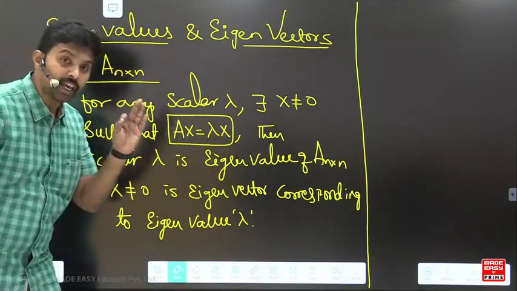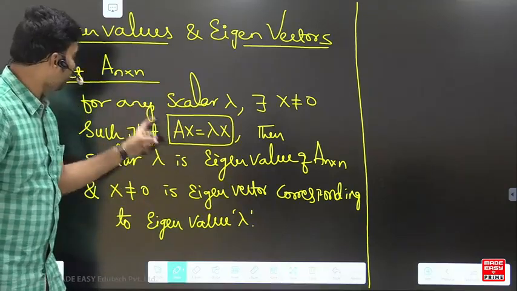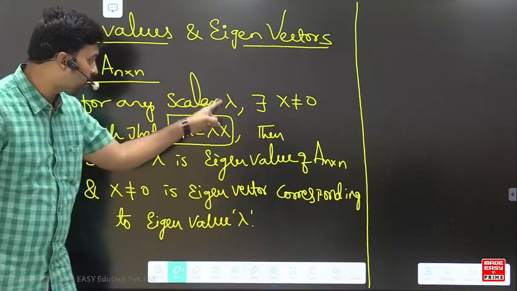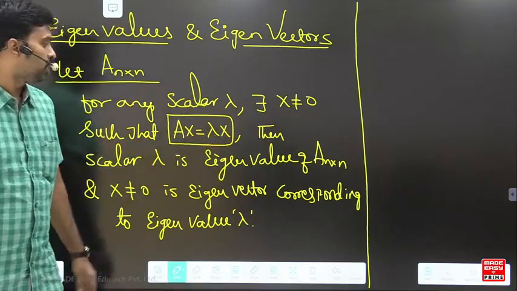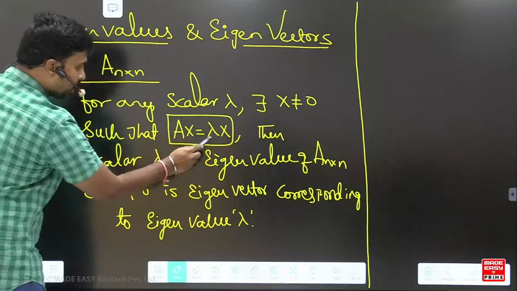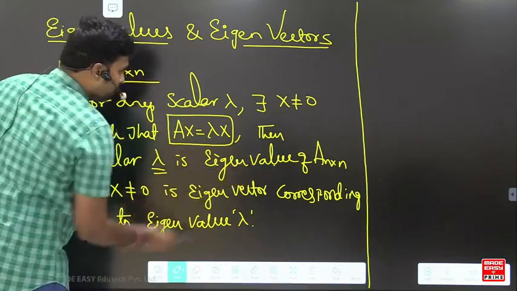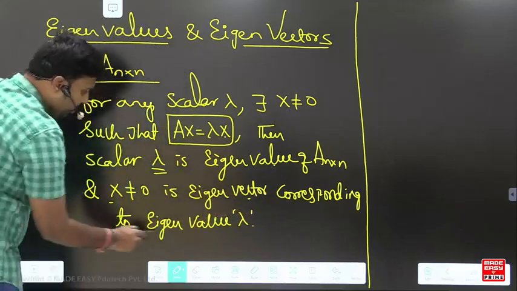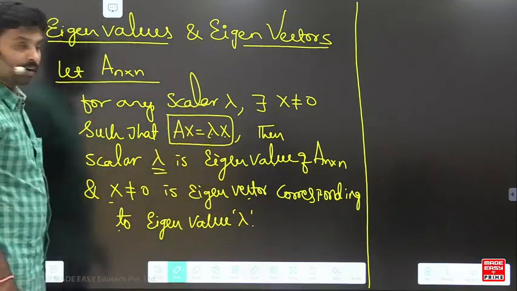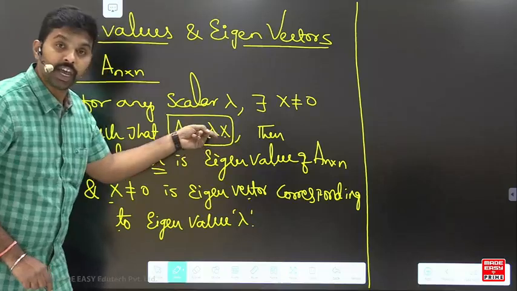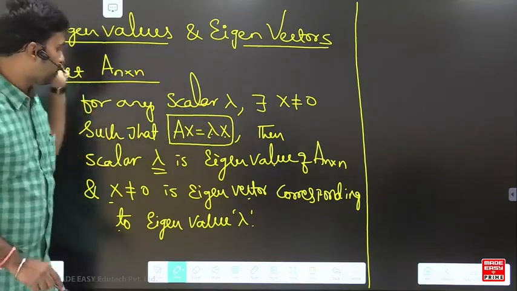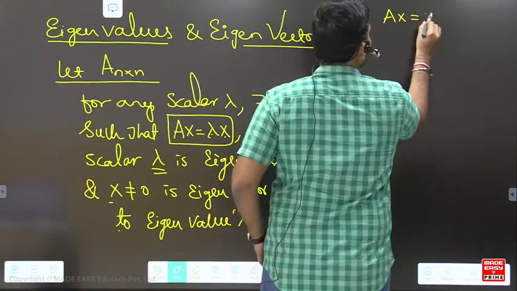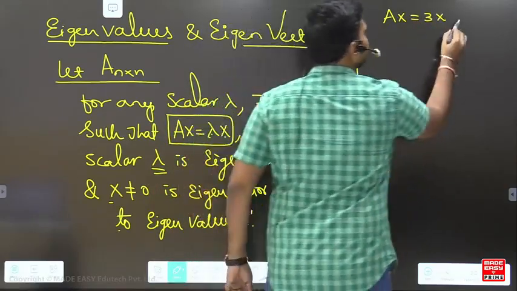Suppose for any scalar lambda, you can write A times a non-zero vector x is equal to lambda times that same vector, then we call this lambda the eigenvalue, and this x is called the eigenvector corresponding to this eigenvalue lambda, because if this lambda changes, x also changes. Anyway, suppose I write Ax is equal to 3x, where x is not equal to 0.